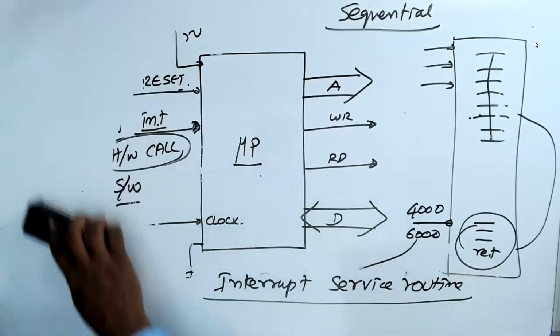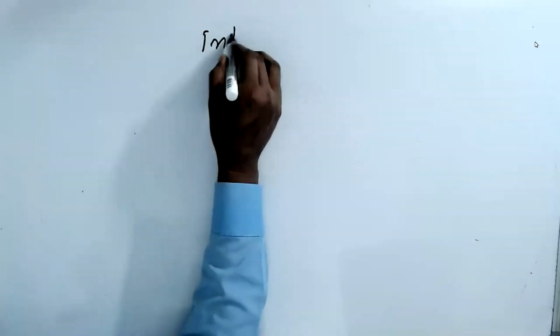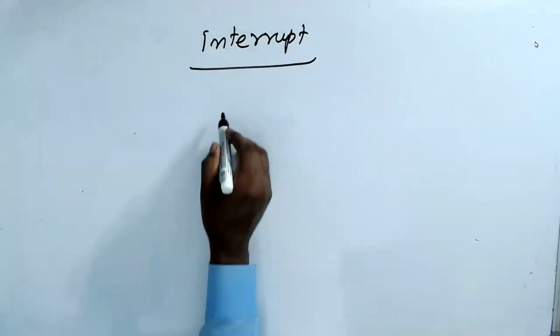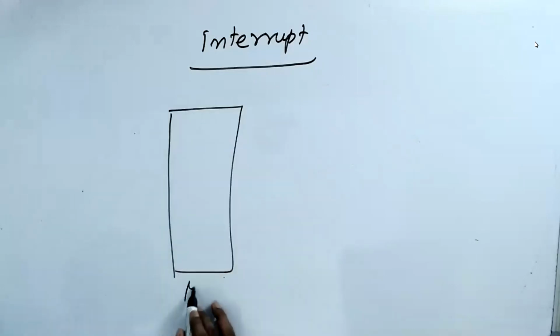So this is a very simple logic. That is, I get the interrupt. First of all, you have to understand what is interrupt. That is, I have a microprocessor. Simple.